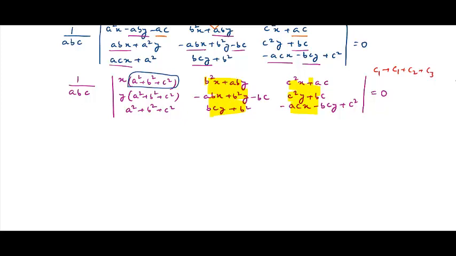So the next step is we take B common from here and C common from here, and we put A square plus B square plus C square is equal to 1.